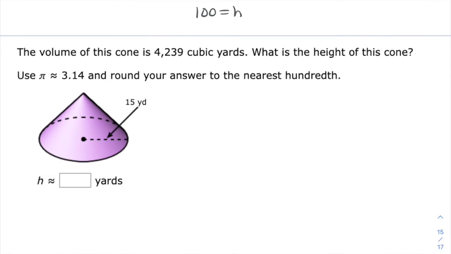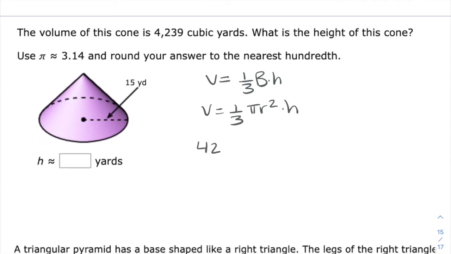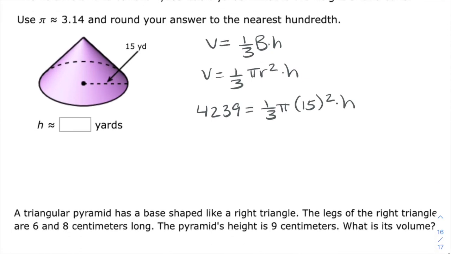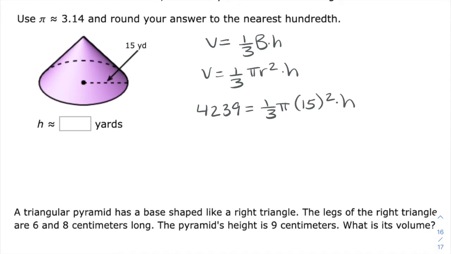Again, we're given volume, so volume equals 1/3 base times height. Volume equals 1/3 pi r squared times h. So 4239 equals 1/3 pi 15 squared times h. Multiply both sides by 3, so 4239 times 3.